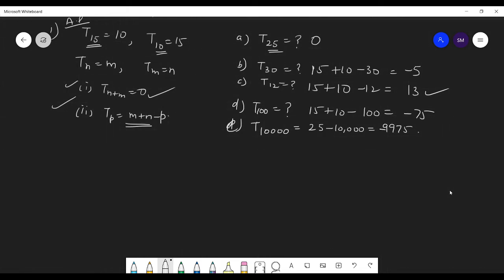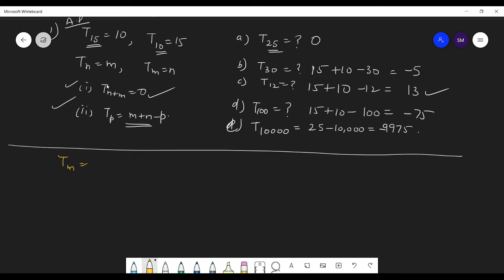Okay, let us dig some more and do one more relation based on this. If the mth term of an AP is 1 by n, and the nth term is 1 by m, do you know then what is the result? 1.